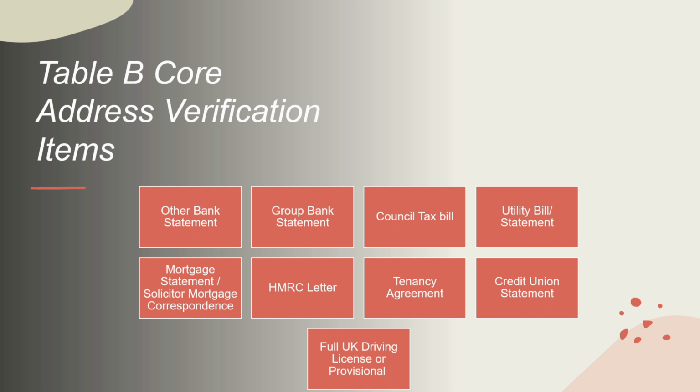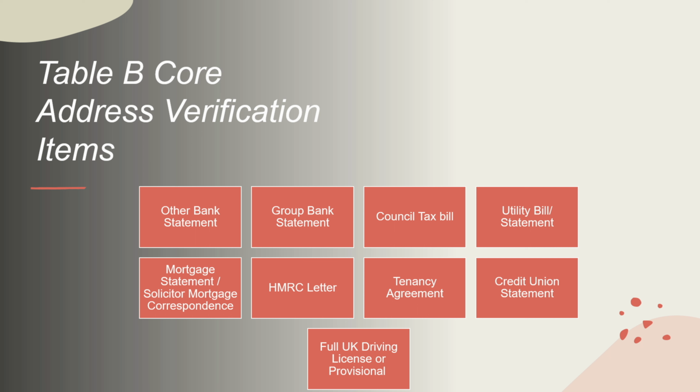And if you have a mortgage, you can also use your mortgage statement or solicitor or mortgage correspondence. You can also use an HMRC letter, a tenancy agreement, or a credit union statement. A lot of people have a credit union, especially in the UK, from no age at all.